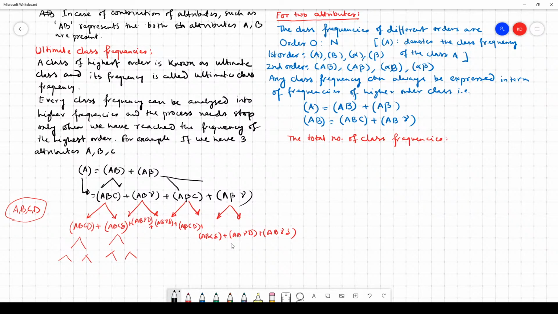Here I consider only 3 attributes. More than 3 attributes we can easily generalize this.